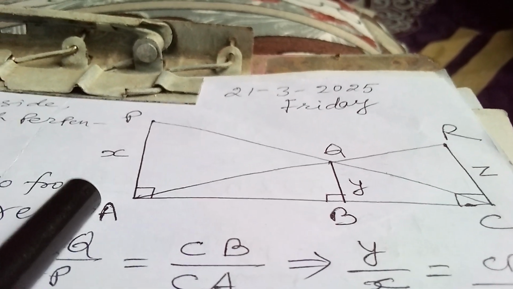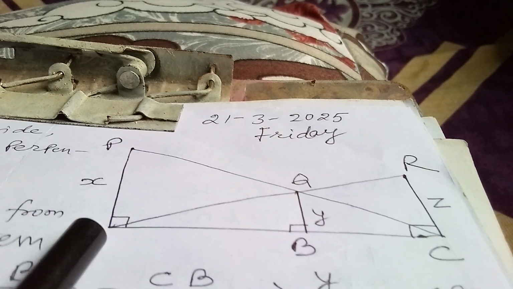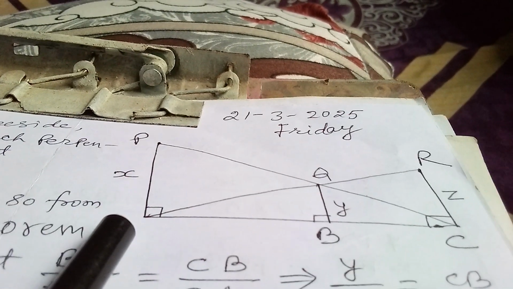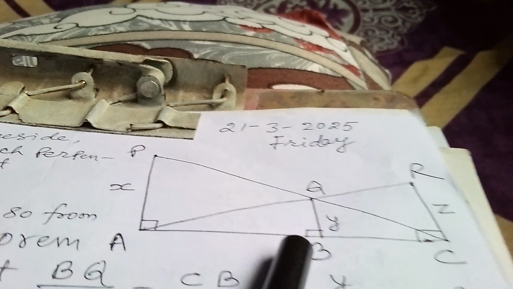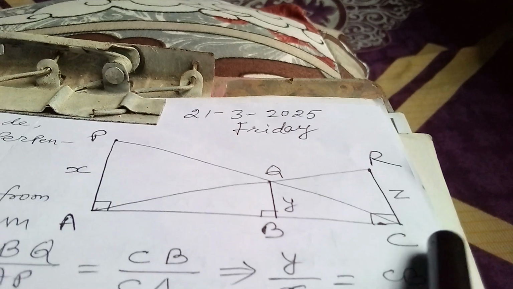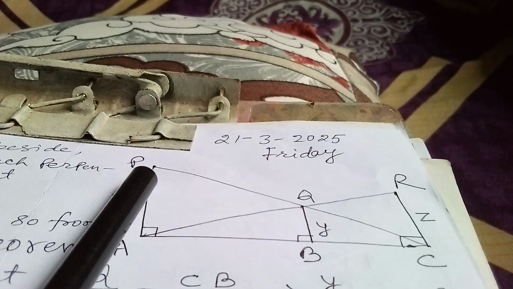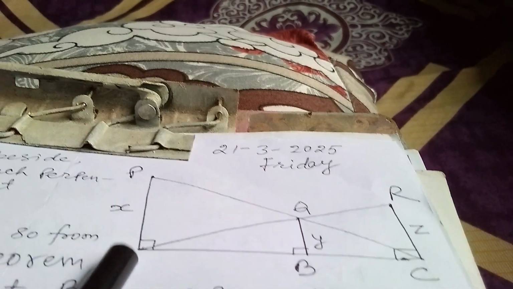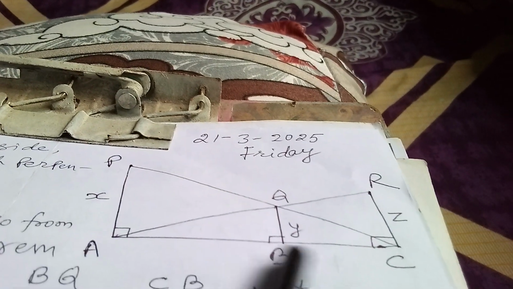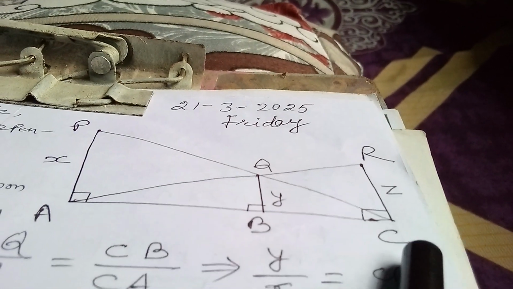Here PAC is one triangle, another triangle is ACR. In this, PA, QB and RC, all these three are perpendicular on line AC. So we can say that PA is perpendicular on AC, QB is perpendicular on AC, and RC is perpendicular on AC.